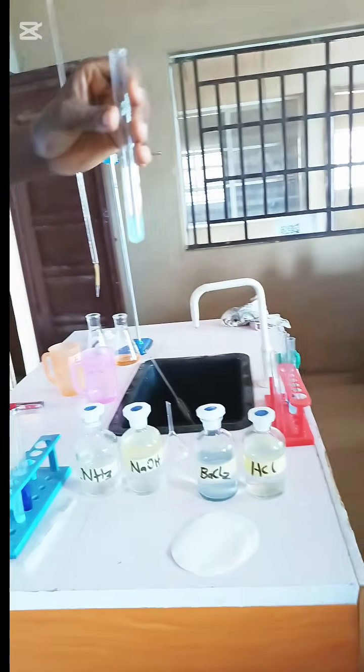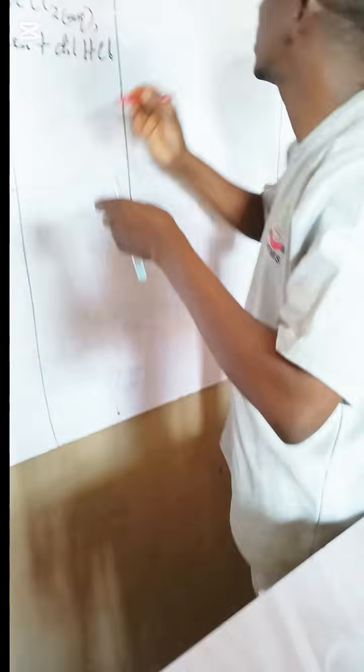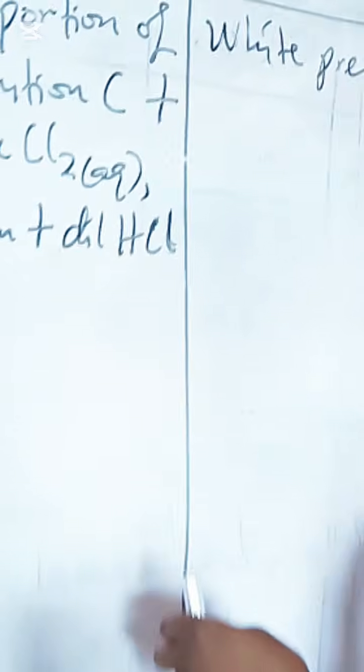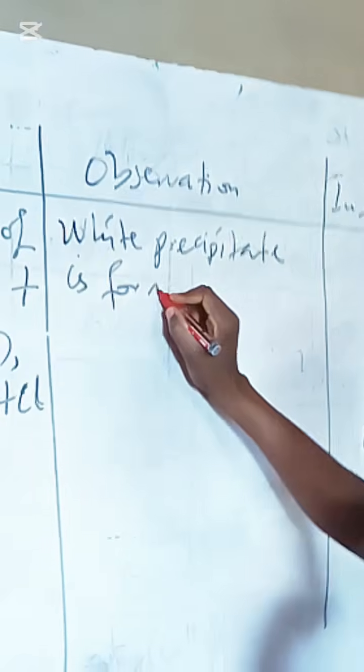Okay. Now, when white precipitate is formed, what does this mean? Anytime barium chloride gives us white precipitate, there are three ions. So let me write it here. White precipitate is formed on addition of barium chloride.